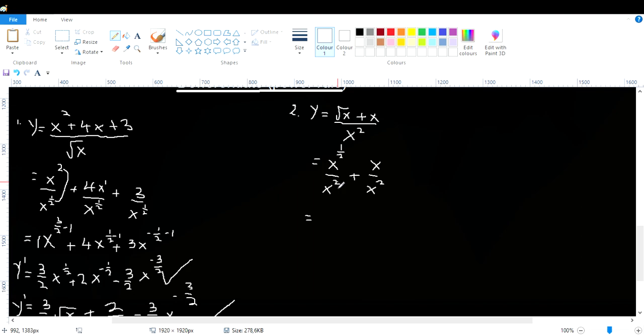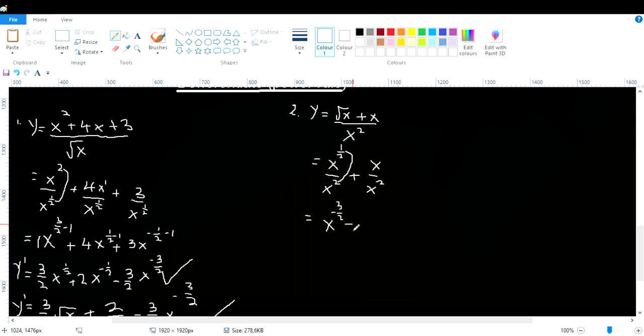Let's minus these two powers, so it's 1 over 2 minus 2. Here we have x to the power minus 3 over 2.